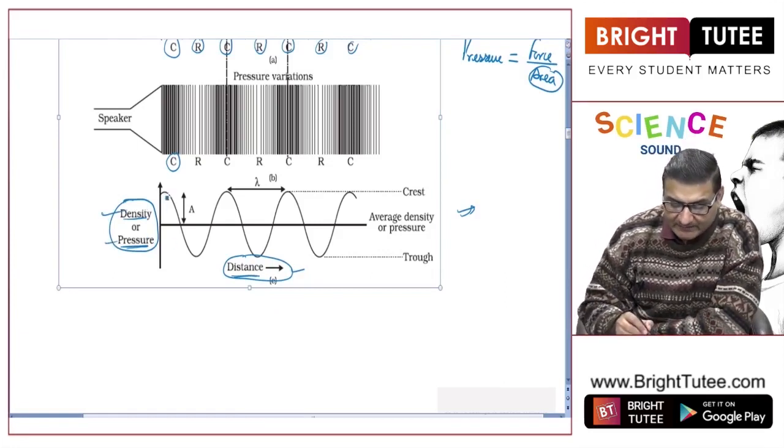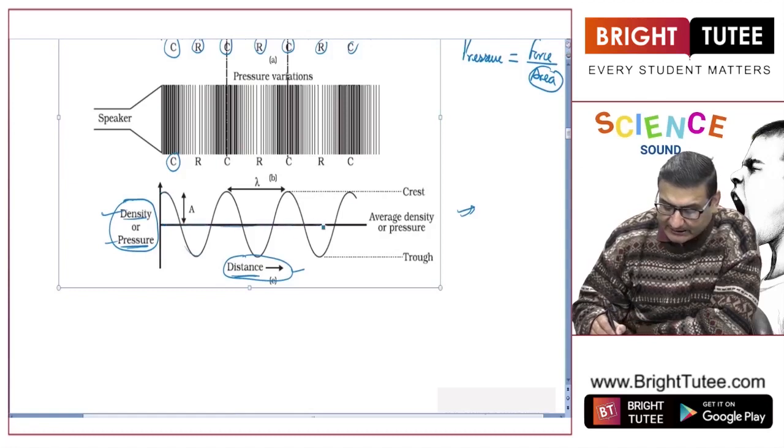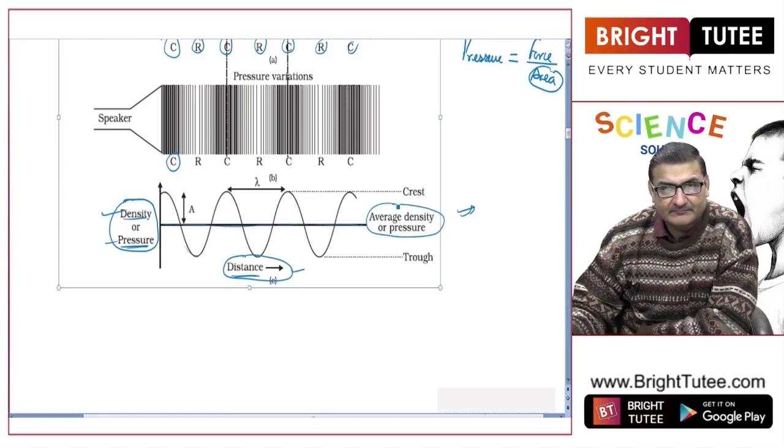Then we draw the wave like this, and this line is the middle, average density or average pressure line, right.